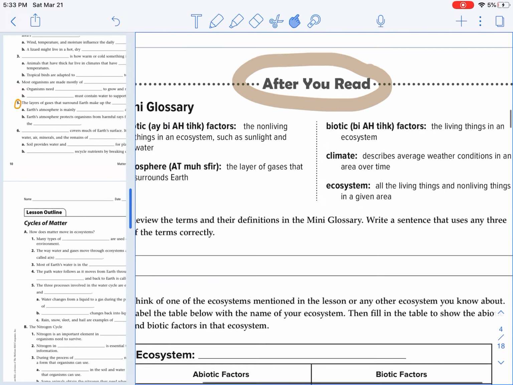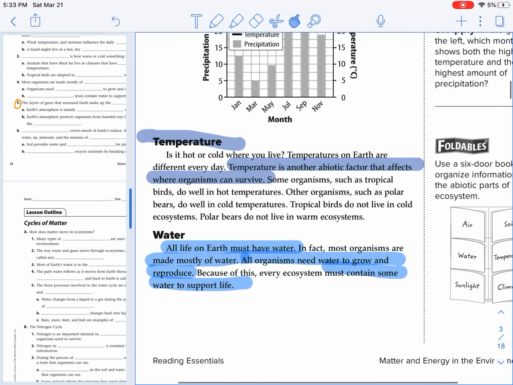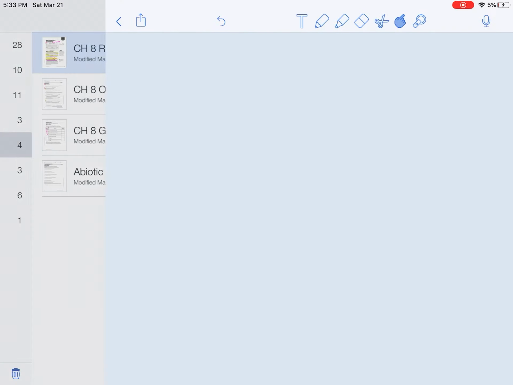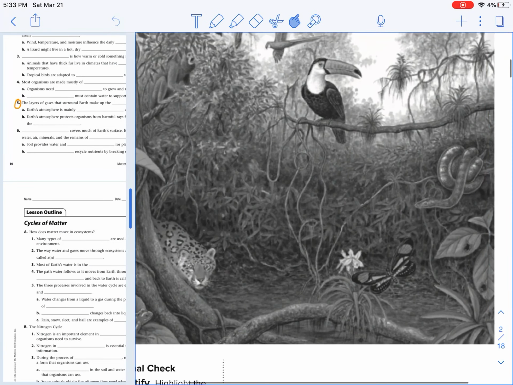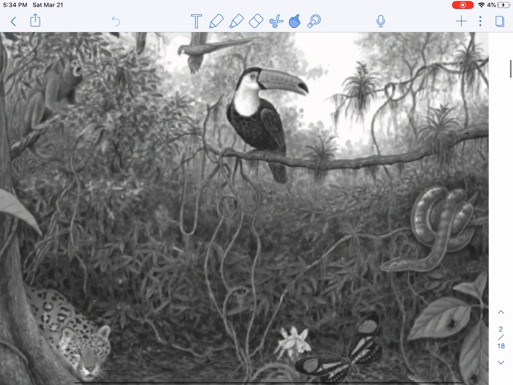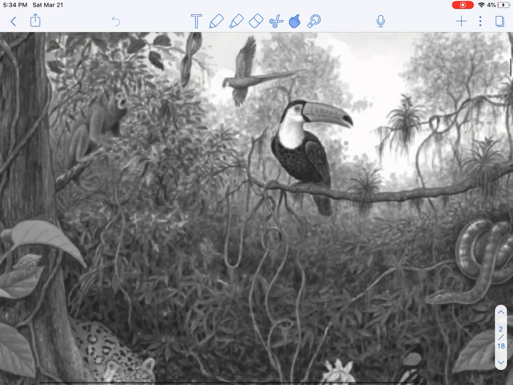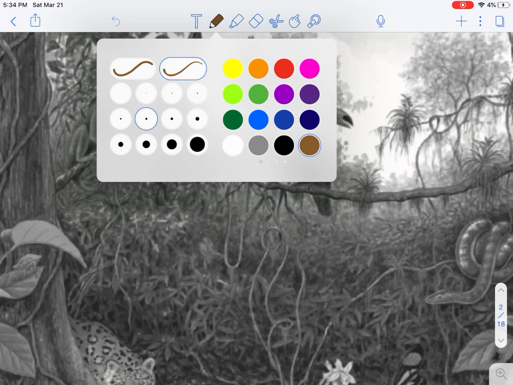So let's scroll up and take a look at this picture here. All right, so we have this picture, and in this picture, you probably very easily can pick out your biotic factors, the things that are alive, right?